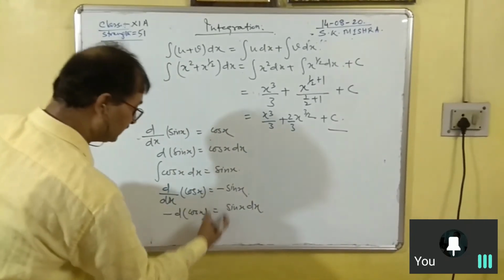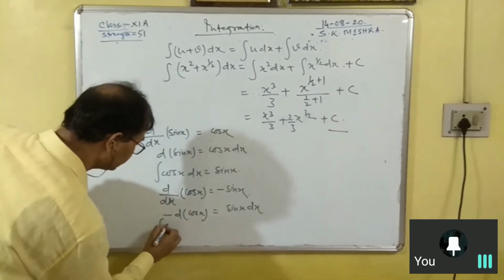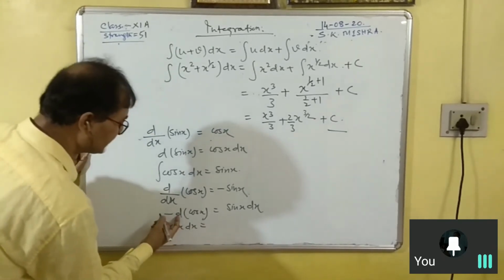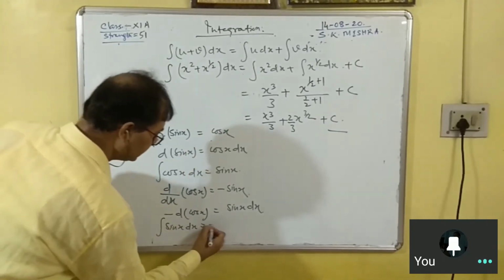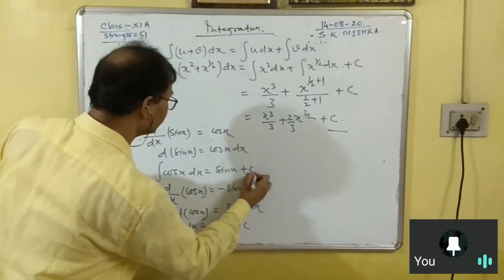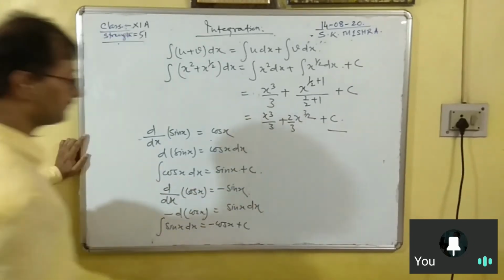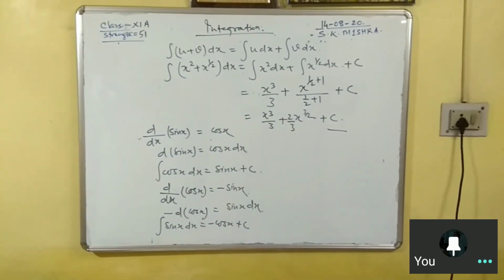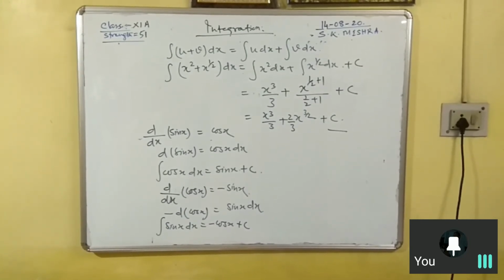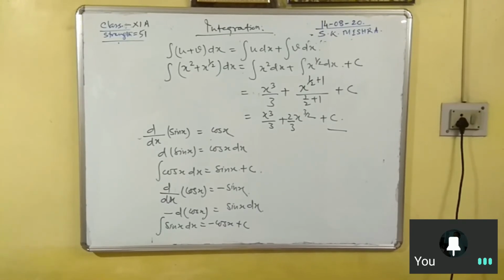Now if you integrate it, the formula becomes integration of sin x dx, then this d will disappear, minus cos x plus some constant c. Some constant c is understood. It should be written everywhere. Plus c. So here c is the constant of integration, and for indefinite integral, this constant is required.